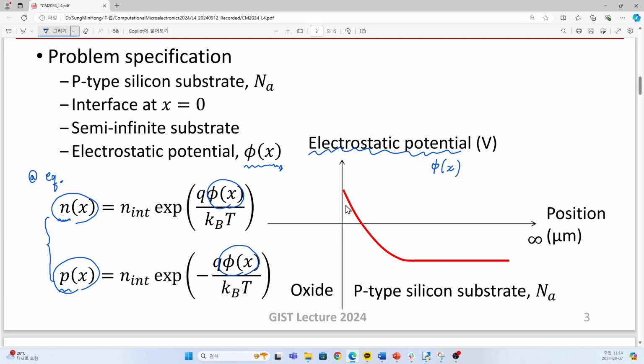Then our next goal is how can we determine this electrostatic potential? If we understand this electrostatic potential, then by using these two relations, we can also immediately calculate electron density and hole density. So this electrostatic potential is the central quantity of our analysis.